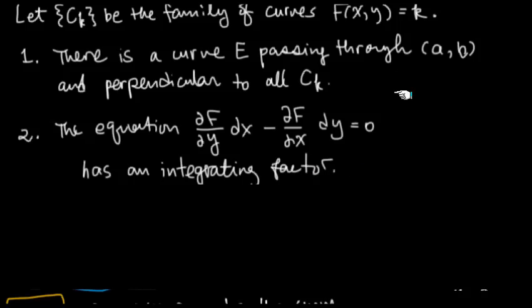And we'd like to show first these two things are equivalent. If we happen to have an orthogonal curve, then it'll give you an integrating factor of this differential form. And if you happen to have this differential equation, if it has an integrating factor, it means the existence of an orthogonal family.